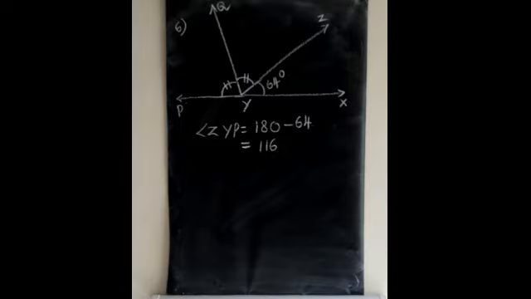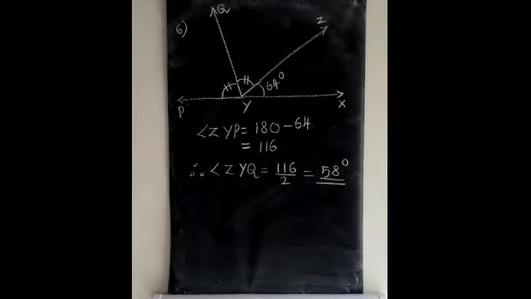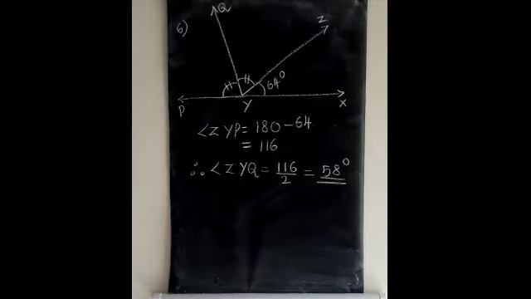Bisect meaning the measurements of the two angles will be equal. But we know the sum is 116. So what will be one angle? One angle will be half of 116. Isn't it? Therefore, angle ZYQ is equal to 116 divided by 2, that is equal to 58 degrees.